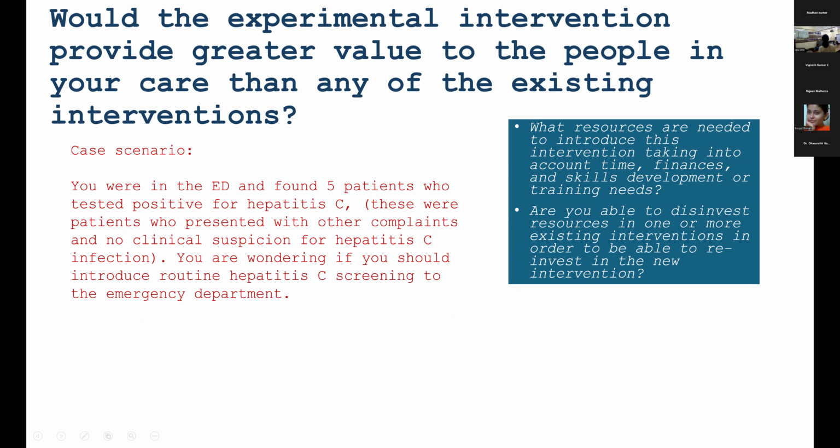So here we come back to our case scenario. How many of you want to start implementing hepatitis C screening? Show of hands. Clearly they have proved that you're detecting more patients. But is it worth the cost is the question here.